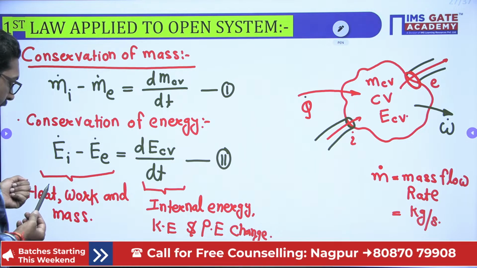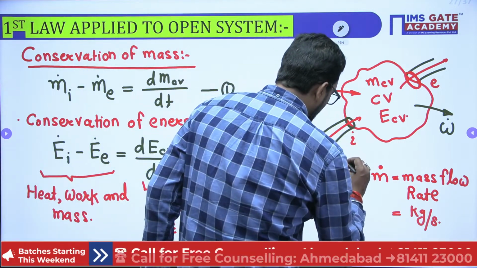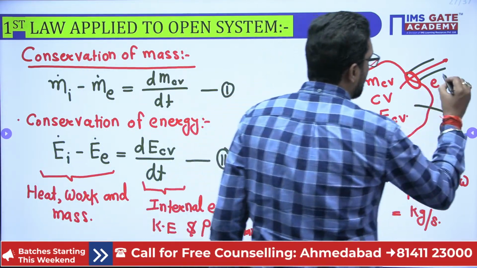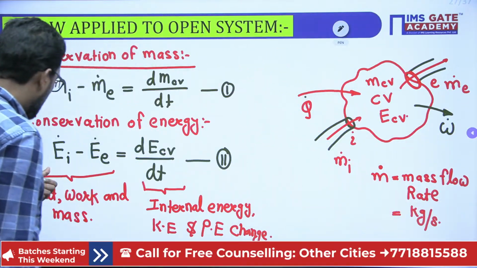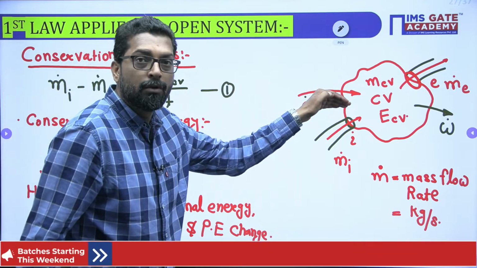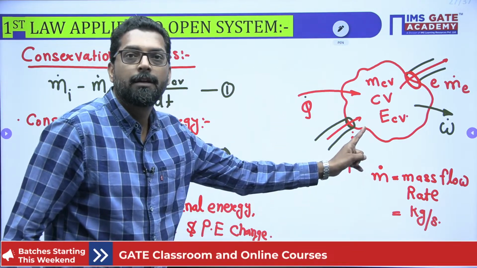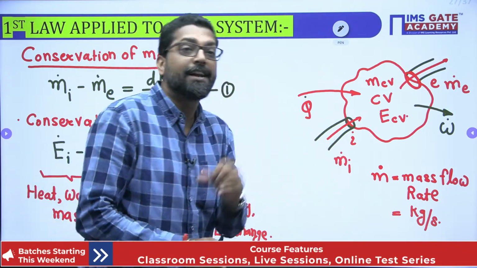That means, let's suppose the mass entering is m dot i and the mass exiting is m dot e. So energy in is what? Q plus mass. This mass of the fluid has energy.